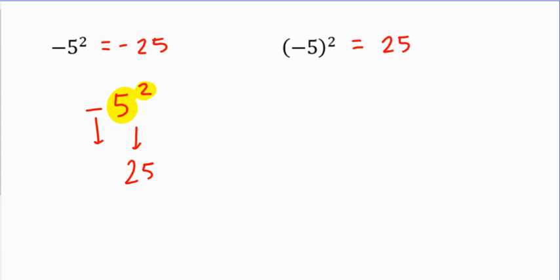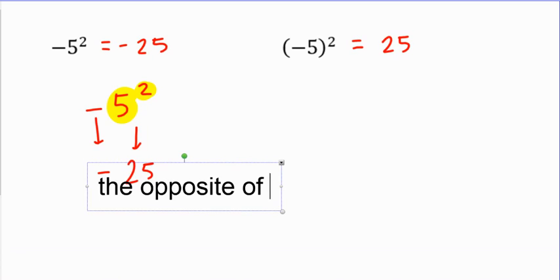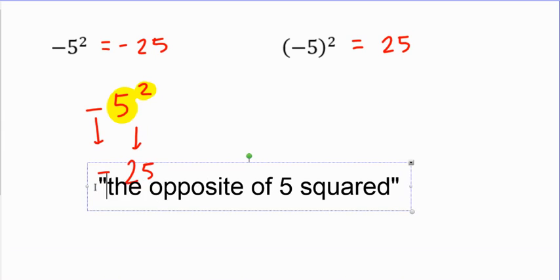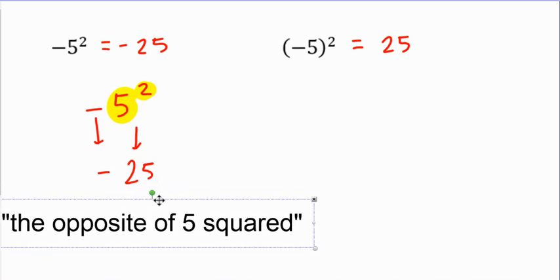And this parenthesis here really just comes down. So this -5 squared can be read as the opposite of 5 squared. That's how that could be read out loud. Okay, the opposite of 5 squared. Well, if 5 squared is 25, the opposite of that would be -25.